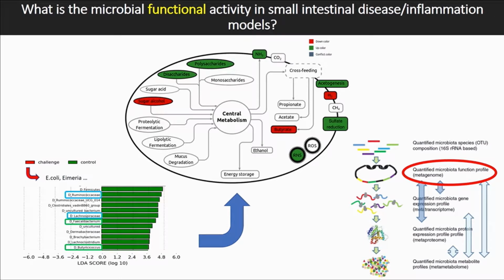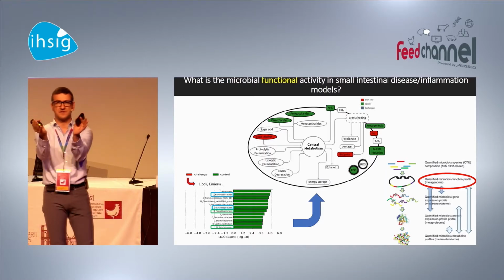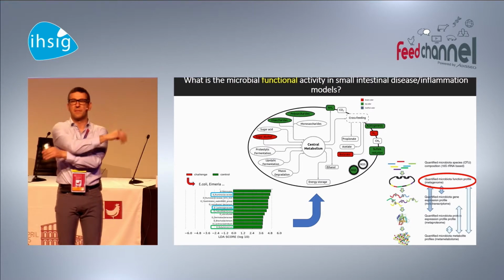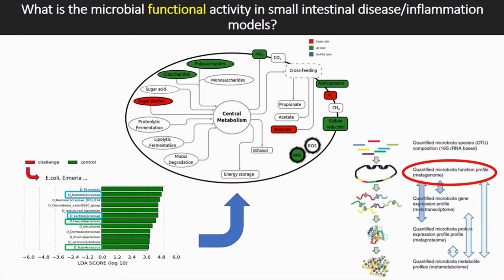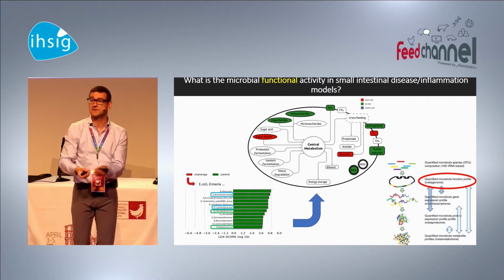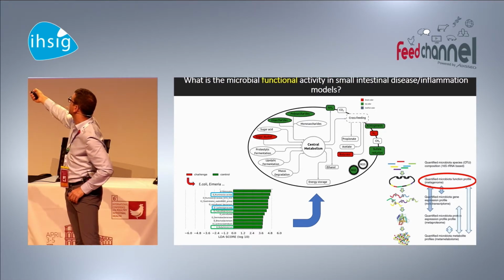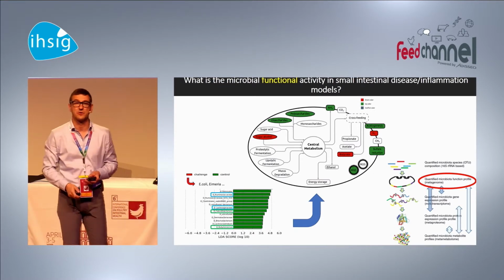Now, one of the postdocs in our laboratory has looked at all these 16S sequences and then tried to map functional pathways. We were just wondering at that moment what is really happening in a functional way. And if you do that, it's a little bit of a complex picture, but what I want to point out here is that challenged animals, chickens under the gut inflammation models, actually have a depletion in butyrate production pathways, and they have an increase in ammonia and hydrogen sulfide producing bacterial communities.